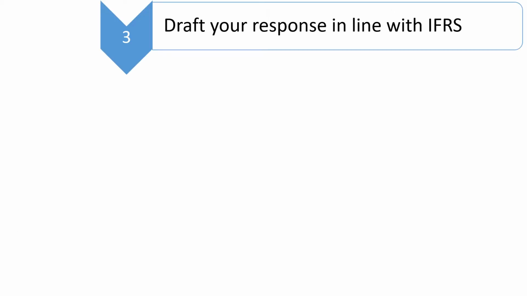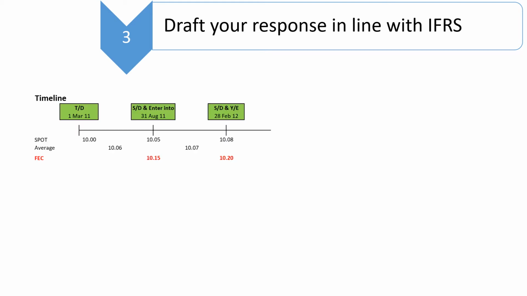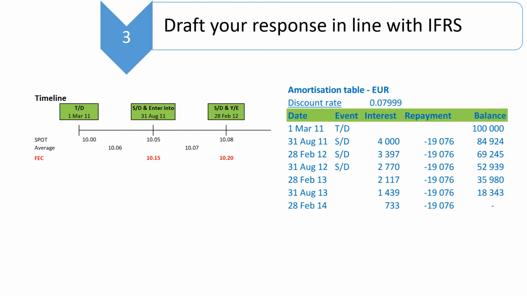In terms of drafting our response, we need to understand how do we calculate the cash flow hedge. Your starting point obviously would be your timeline where you plot the relevant exchange rates, and obviously with reference to your amortization table that you previously computed.